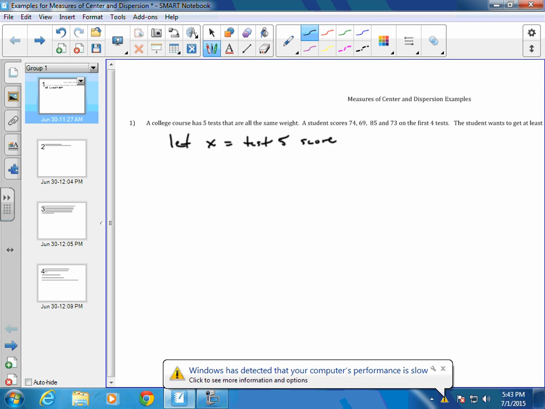Now if we wanted to find the average of our scores, we go 74 plus 69 plus 85 plus 73 plus this unknown score, x. That would represent the average. We really want that to be greater than or equal to 80%, but let's just set that equal to 80 to get the cutoff.